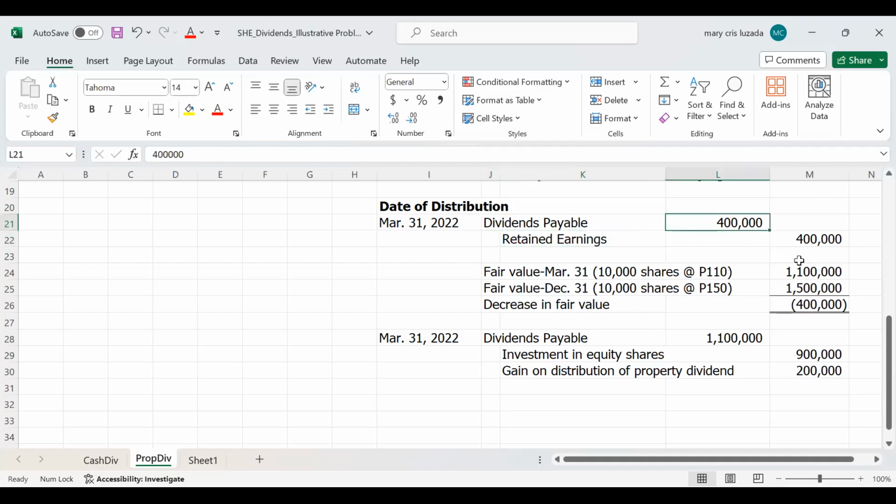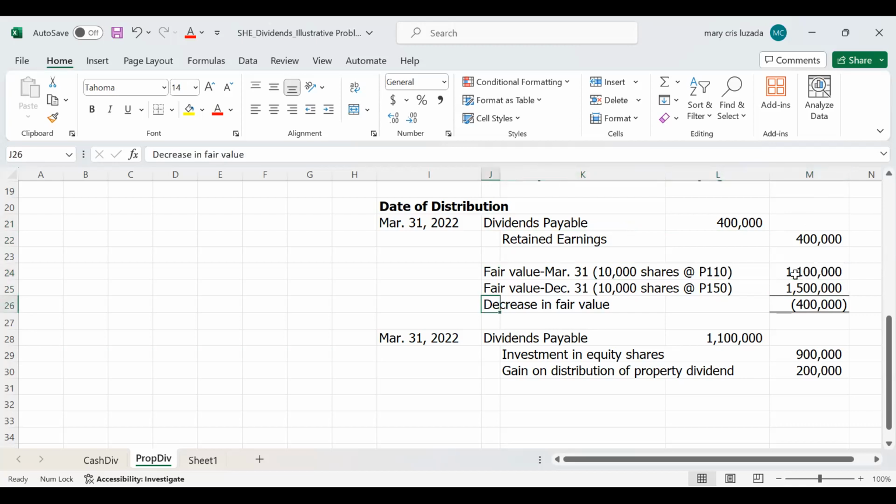The effect: from the 1.5 million balance on December 31, we deduct the 400,000, so it becomes 1.1 million. That is equivalent to the fair value as of March 31, the latest fair value of the shares of this XYZ company.